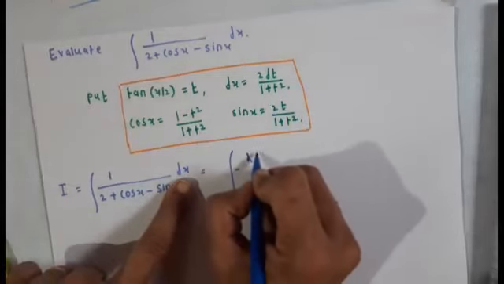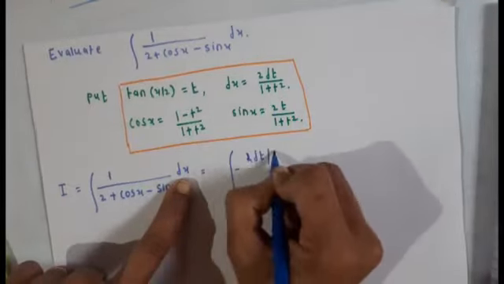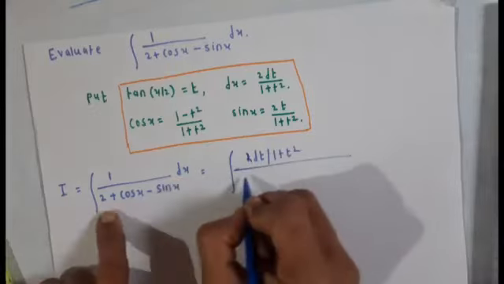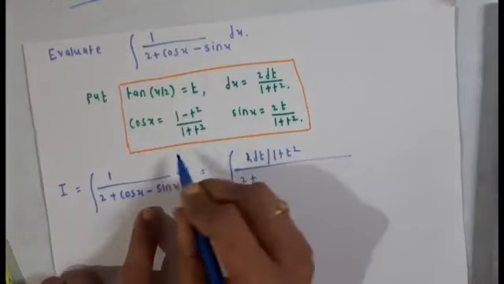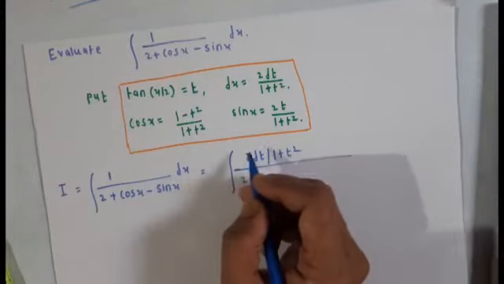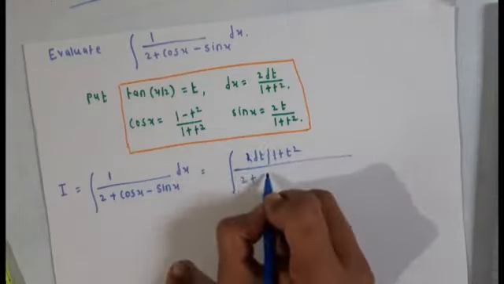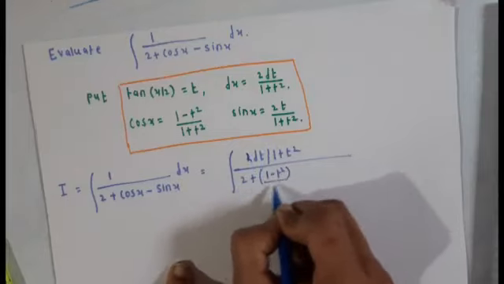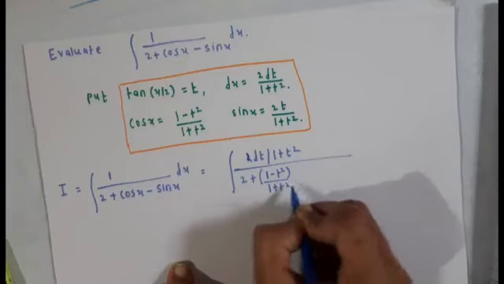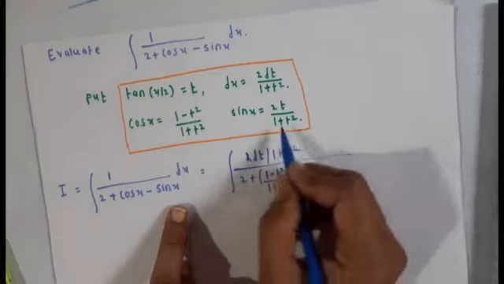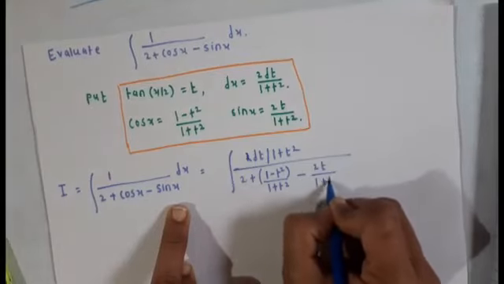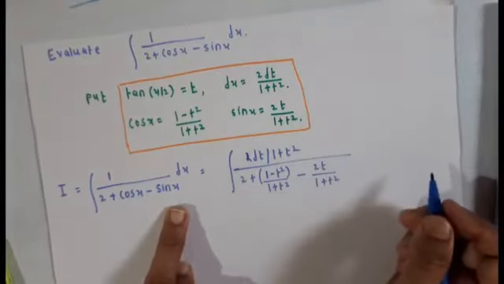We will write here 2 dt upon 1 plus t square, upon 2 plus the value of cos x. The value of cos x is 1 minus t square upon 1 plus t square, minus the value of sin x, which is 2t upon 1 plus t square, with respect to t.